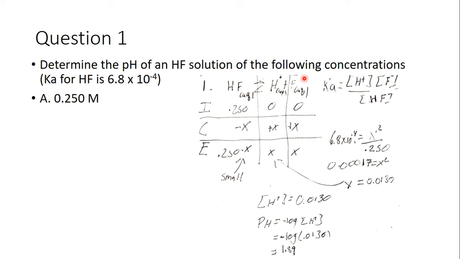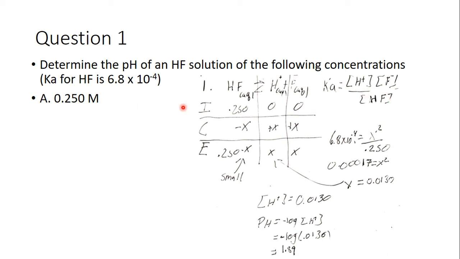Now, Ka is just like our Keq. The A is acid. So it's products over reactants. Remember, if we have any stoichiometry, we'll raise that to that power. We don't have any here, they're all 1. So it's concentration of H times F divided by HF.